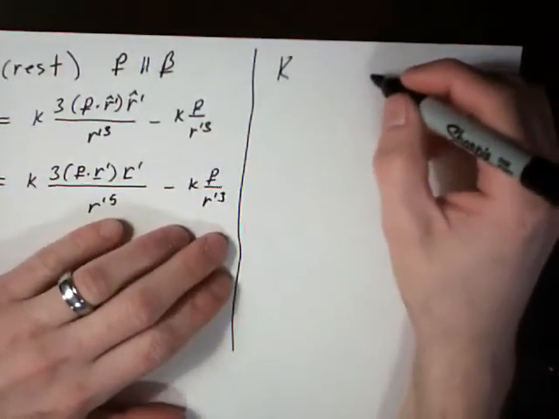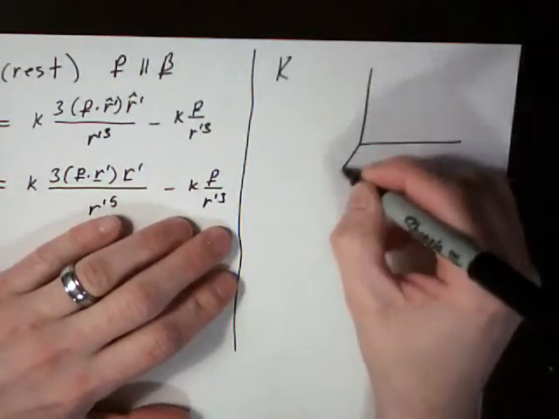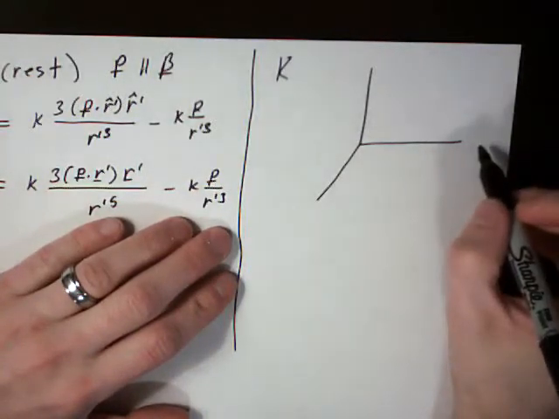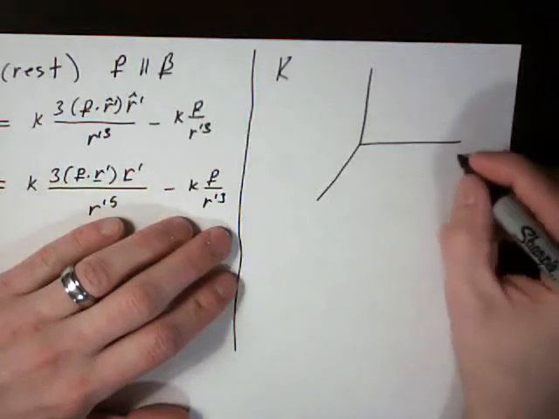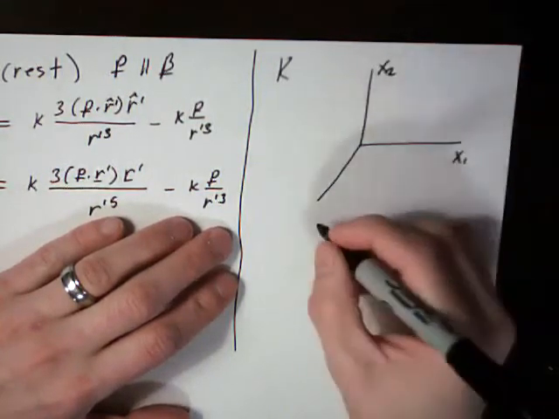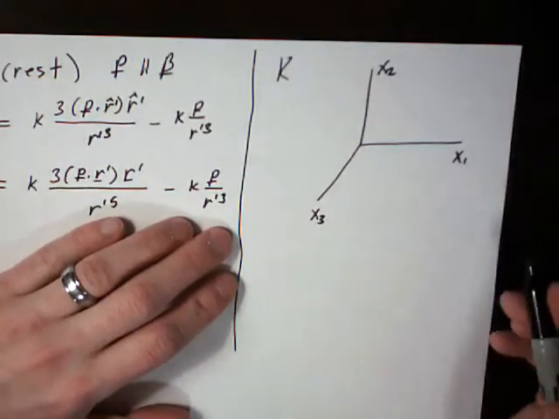And I'm going to set up my coordinate system with one coordinate parallel to the direction of motion, parallel to beta. And that's going to be my first coordinate. And then my other two coordinates are going to be perpendicular to beta.